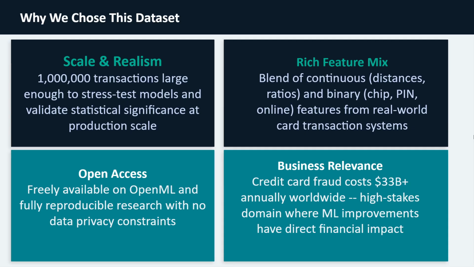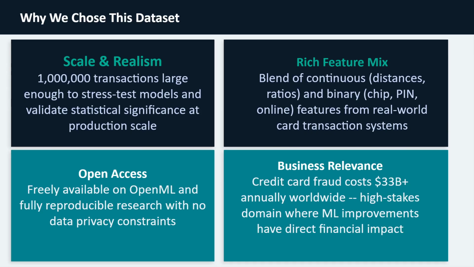The reason why we chose this dataset is, first of all, the scale and realism. It has 1 million transactions, which is large enough for us to stress test our models and validate the statistical significance at production scale.